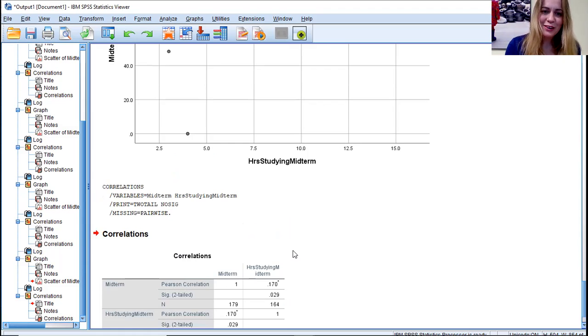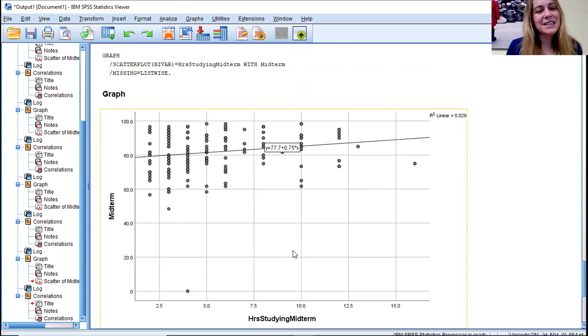So the conclusion from the question, is there a relationship between the number of hours students spent studying for the midterm and what their midterm scores are? And what is that relationship? Well, we could say, yes, there is a relationship. It's a weak positive relationship. To some degree, people who study more for the midterm are more likely to score higher on the midterm than students who studied less.